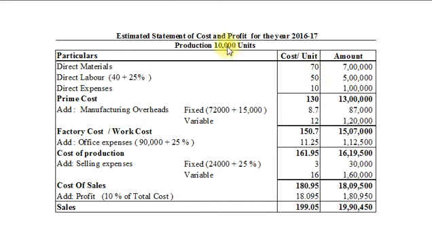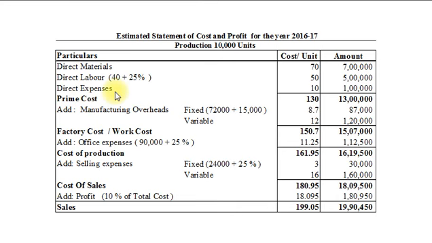Multiply by 10,000 units. So total amount rupees 7 lakh. Direct labor. In the year 2015-16 it was rupees 40 per unit, and there is an increase of 25% in direct labor. So the new direct labor cost per unit would be rupees 50. Multiply by 10,000 units. So total amount rupees 5 lakh.